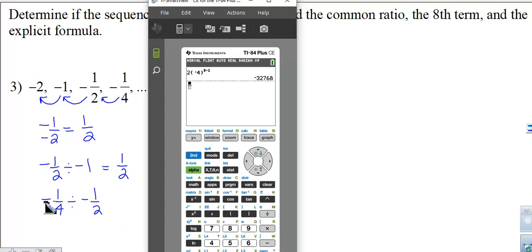Again, since you have a negative sign, make sure you use the negative at the bottom of the calculator. -1 divided by 4. Then I can put divide, and I will do alpha y equals enter to enter my second fraction. -1 divided by 2. My final answer is 1/2.